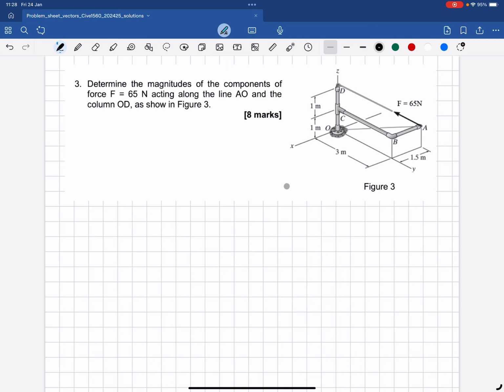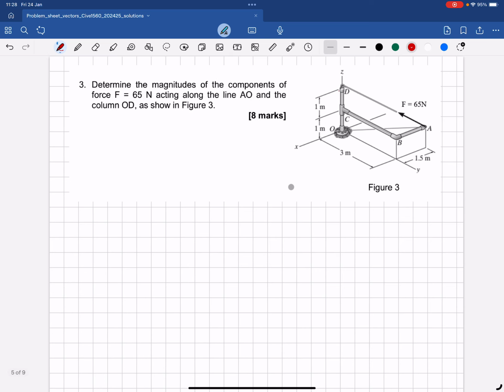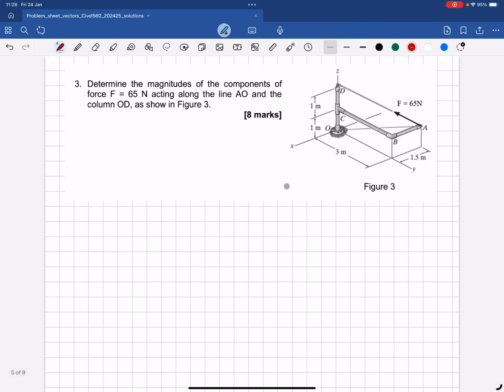So question 3 is looking at this frame. There's a frame that's fixed at the bottom. It's got a column up here, an arm up there, and then it moves to the right. So there's an angle between the point A at the end and the column, which is fixed to the ground.